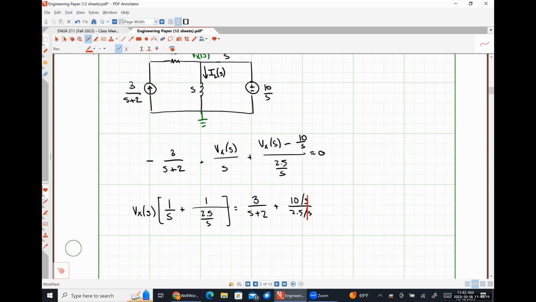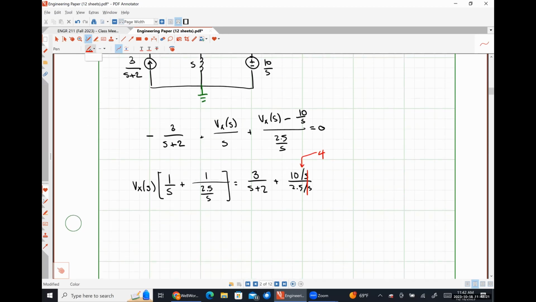So we could literally just call this thing right here 4. So that would be that thing. And then how do we pretty up the other side?